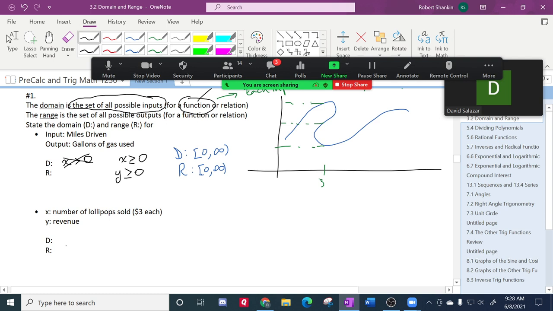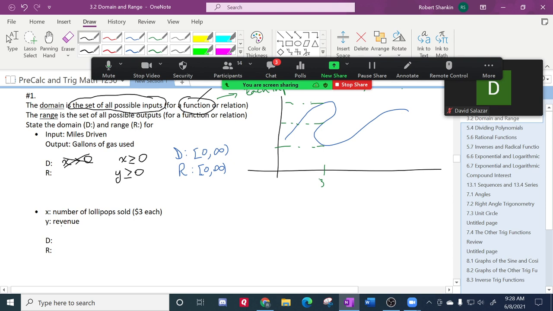Right. All right, let me clarify what revenue means as well. The revenue is just the money that you take in from sales. It is not the profit. It doesn't take into account how much you paid to get the lollipops.